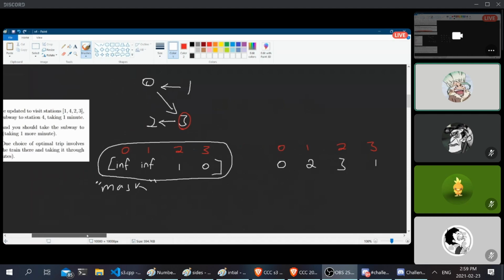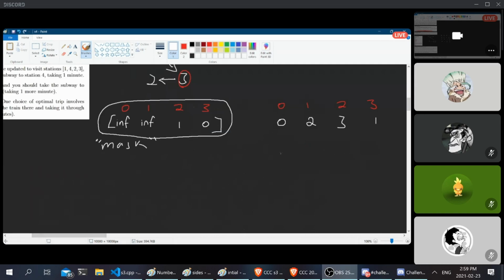And then what we can do with these two arrays is element-wise addition, adding the mask to this array that shows us the number of subway stops we need to take to get to these stations. So 0 plus infinity, we're just going to say is infinity. Same thing with 2 plus infinity. Then 1 plus 3 is equal to 4. And then 0 plus 1 is equal to 1.